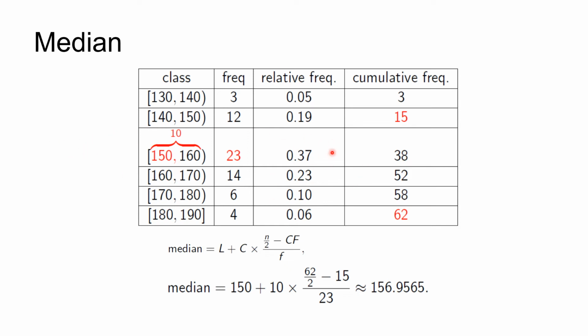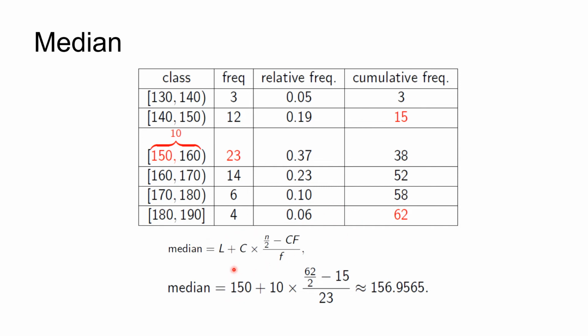So first, the lower boundary is 150. The class size is obviously 10, since 160 minus 150 is 10, multiplied by n over 2. Here n is the total data, which is 62.